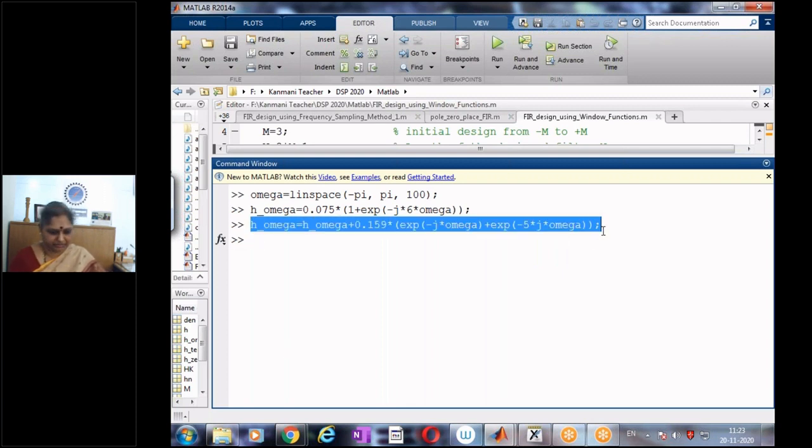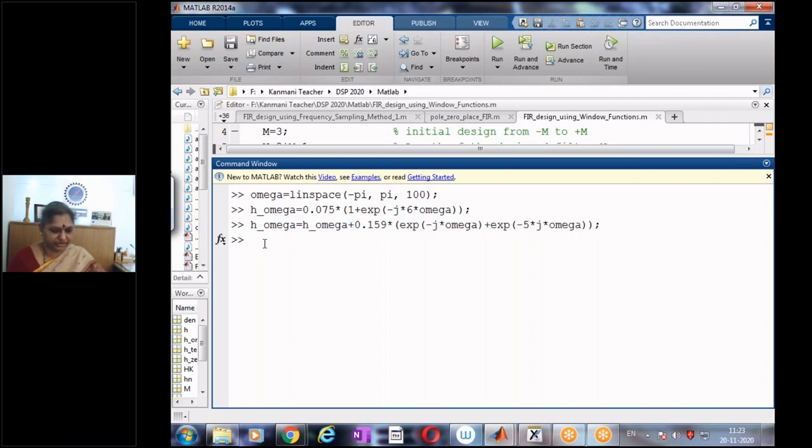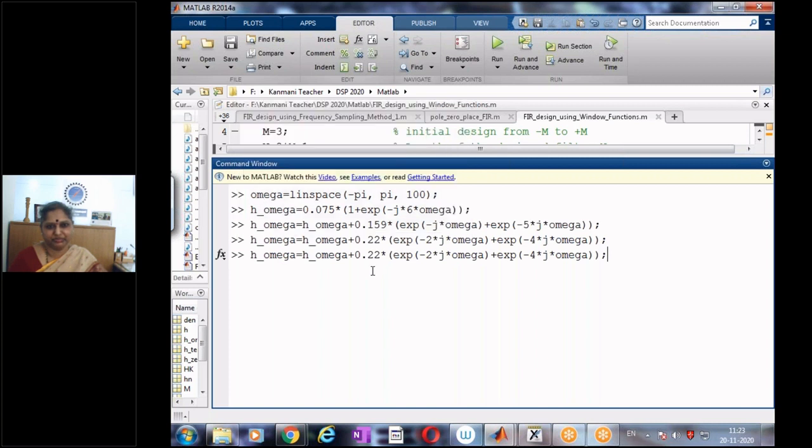I took the second term. Now let me add the third term: H omega plus 0.22 into (e to the power of minus 2j omega plus e to the power of minus 4j omega). And then I need to add one more term, H omega plus 0.25.